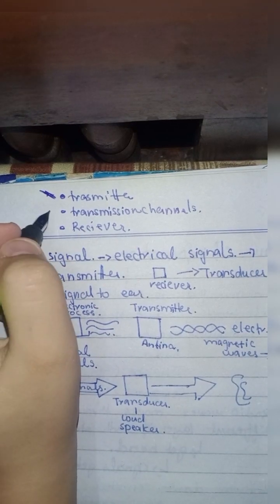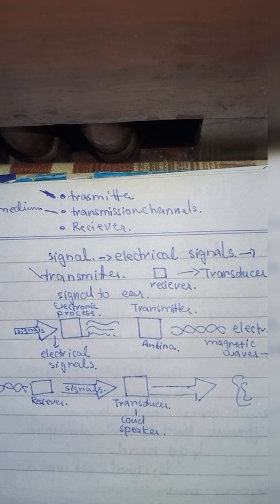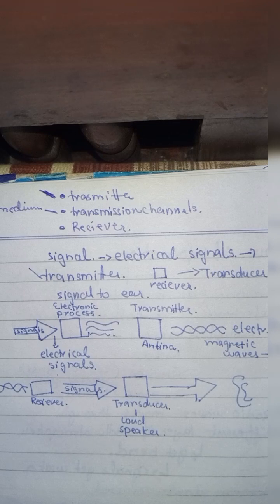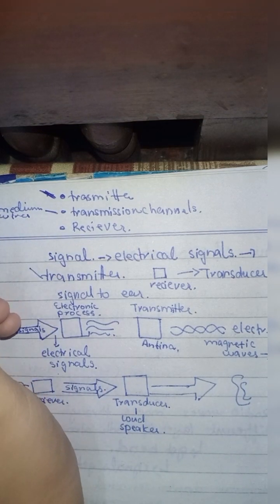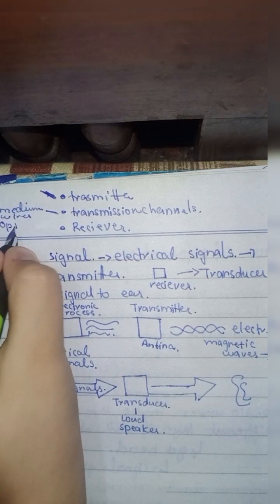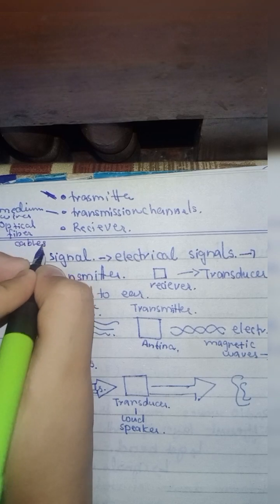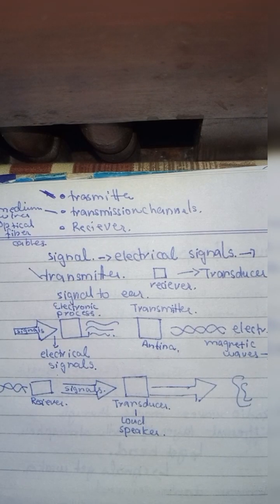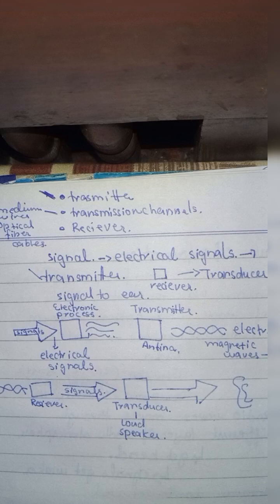The transmission channel is basically the medium through which the signals are passed. That medium can be wires, optical fibers, or cables.